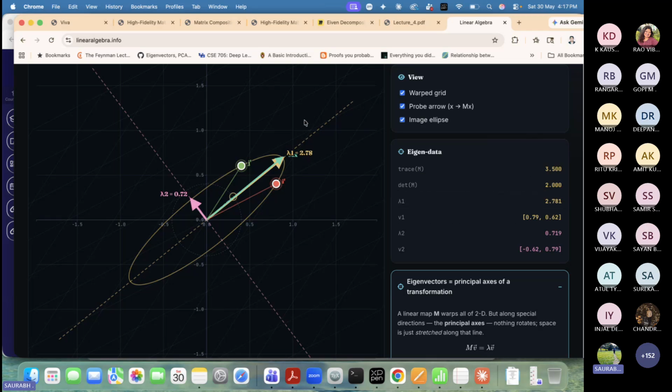Basically, these are the eigenspaces where our two sets of eigenvectors reside, because we have two different types of eigenvectors. One is in the first quadrant, the second in the second quadrant. All the vectors following the pink line have this pink line as their eigenspace, and this yellow line is the eigenspace for the others. So the eigenspace is basically the place where all our eigenvectors reside. Okay.